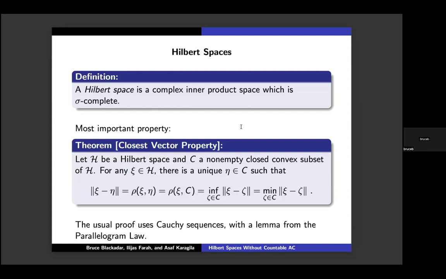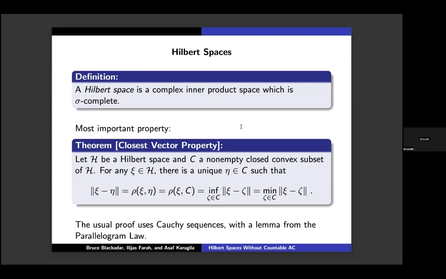And then you prove a lemma from the parallelogram law that basically says that the Hilbert space is uniformly convex. That lemma implies that the sequence is a Cauchy sequence, and the limit of it is the closest vector. Well, you can't do that argument if you don't have countable choice.